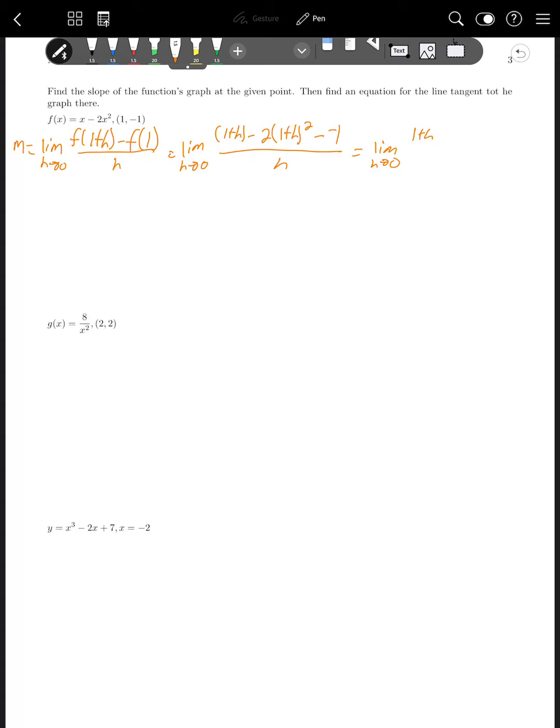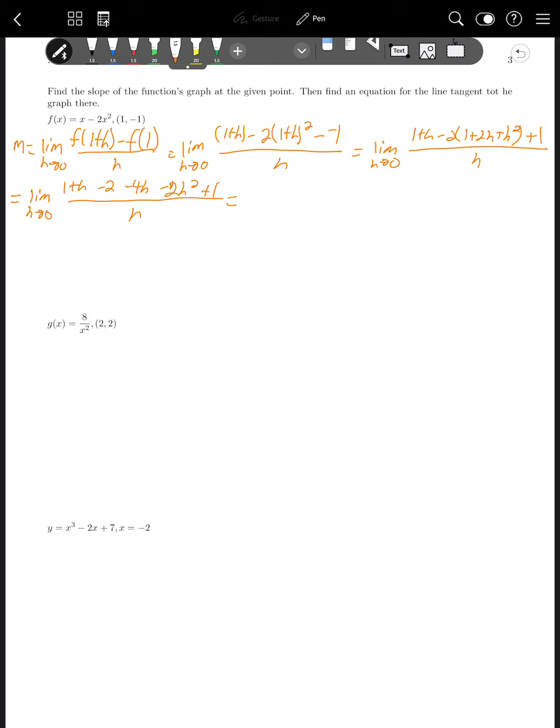So 1 plus h minus 2 times 1 plus h squared is 1 plus 2h plus h squared. And then minus a negative 1 is plus 1, all over h. And then we distribute. So this will be the limit as h approaches 0 of 1 plus h minus 2 minus 4h minus 2h squared plus 1 all over h.